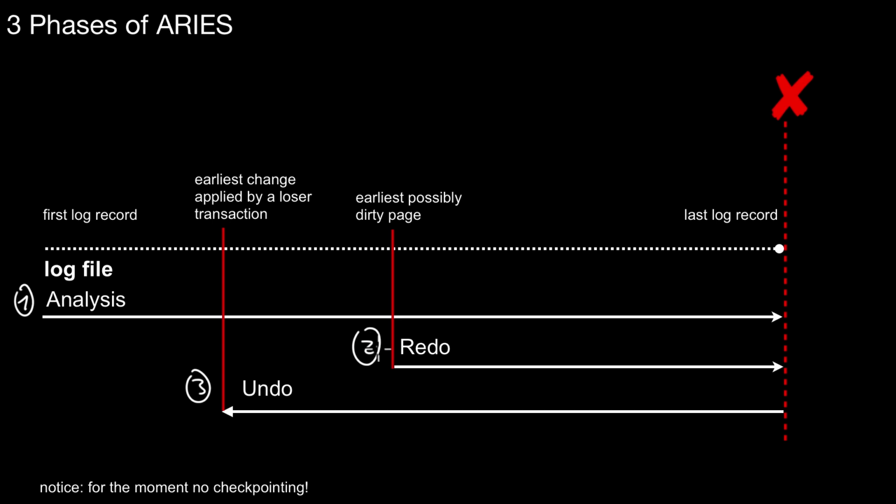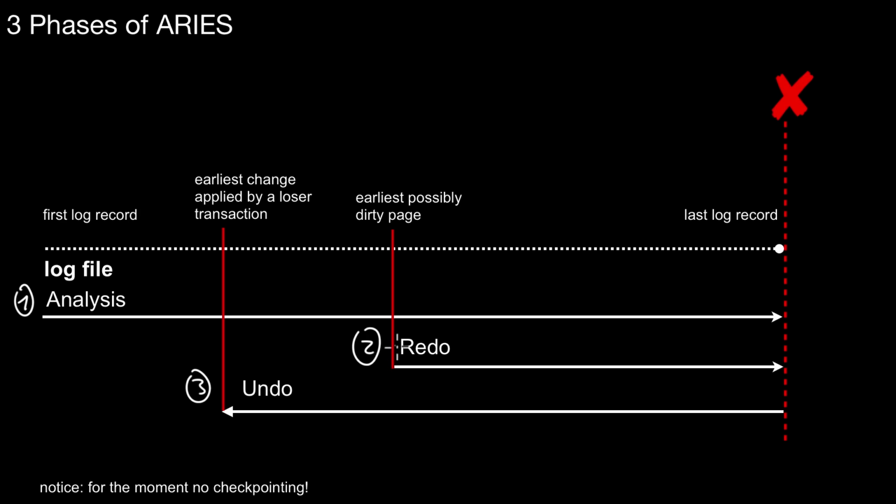In the redo phase, the idea is we repeat history, which means whatever change should have been applied to the database store, we are going to apply it again if necessary. So what happens typically in a database buffer is that some changes are only applied in the database buffer, which means in main memory, but they don't find their way to disk.